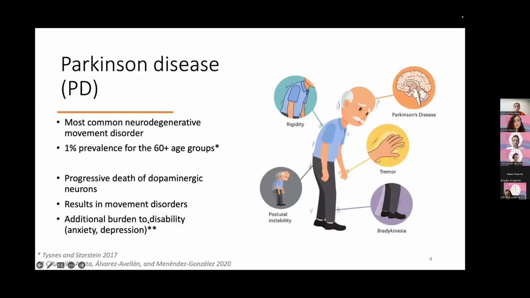This induces movement disorders such as rigidity, slowness in movement, or tremors. There is also some additional burden to disability. In fact, with Parkinson disease, there is an increase of depression and anxiety prevalence for the patients and for the caregivers.